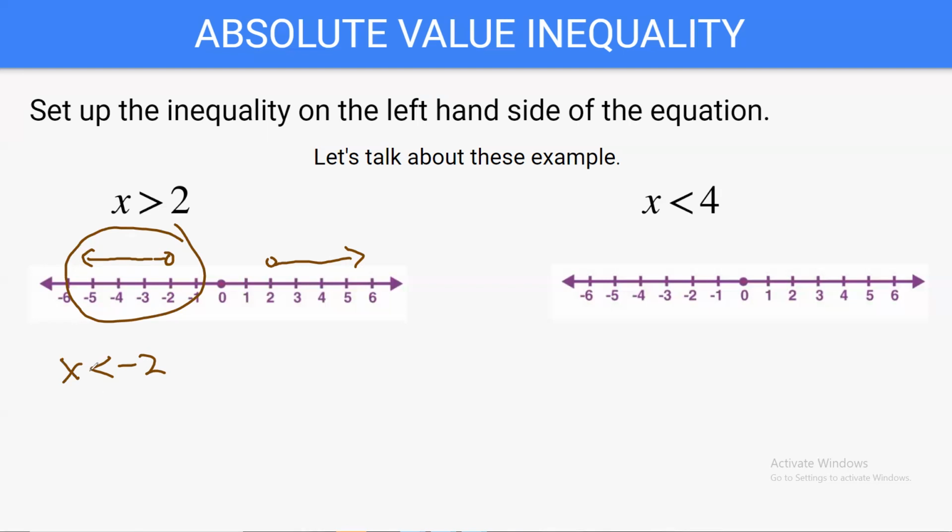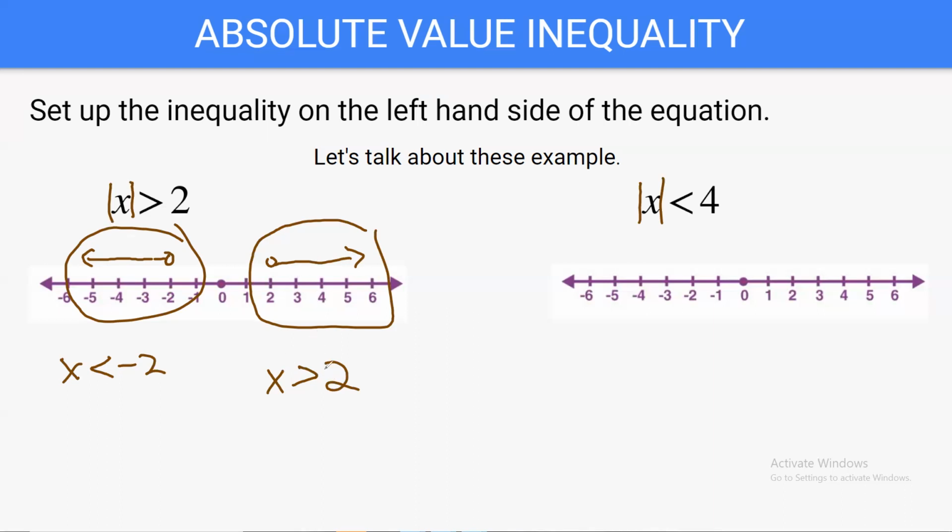The number X, whatever is in my absolute value. I forgot absolute values here and here. How would I represent this in an inequality? X is greater than 2, right? And that's true because if X is 3, it's a part of this interval, and that's greater than 2.